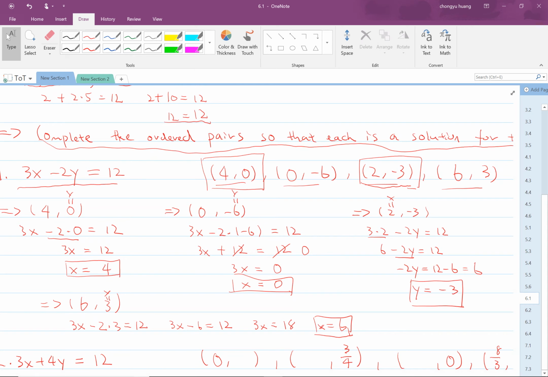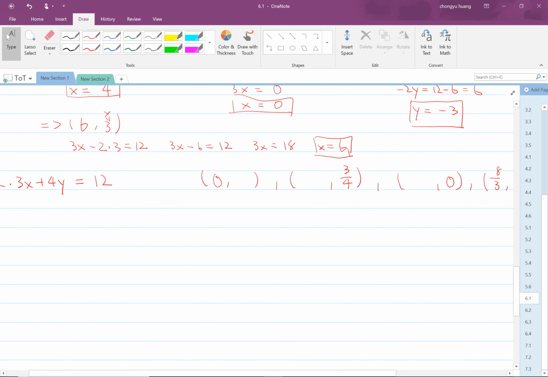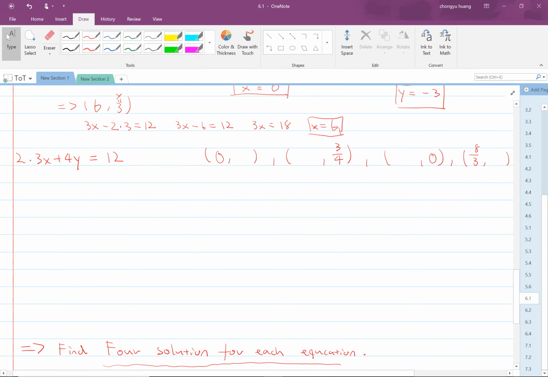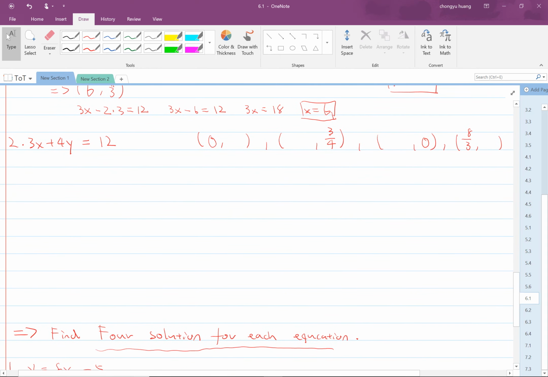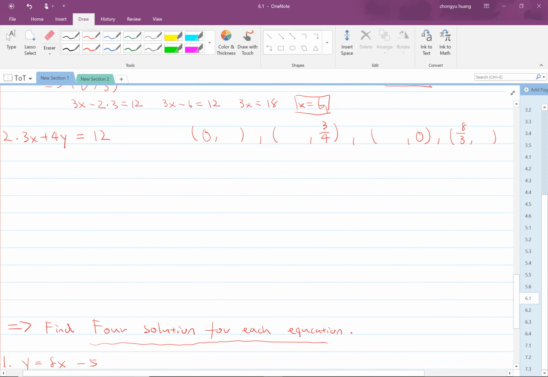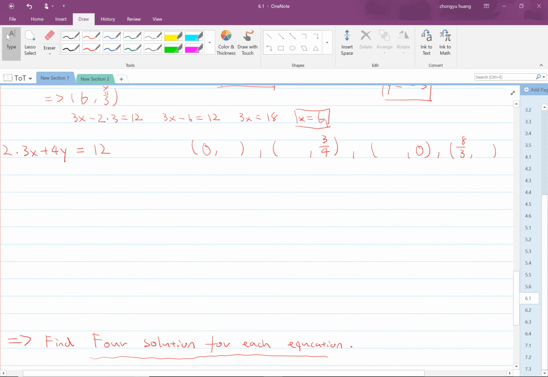Okay, let's move into the second one. I think on the first example, I already explained really well how we solve those questions.